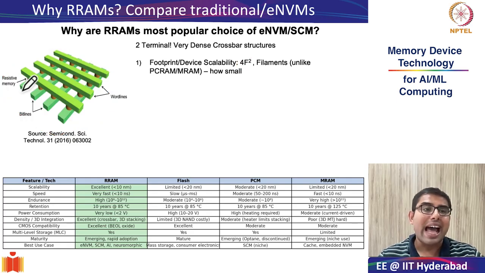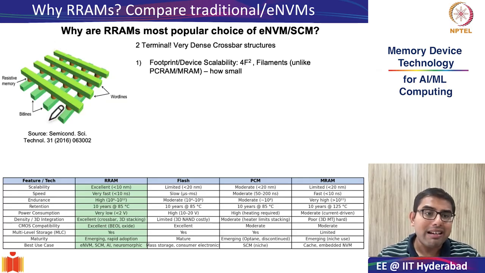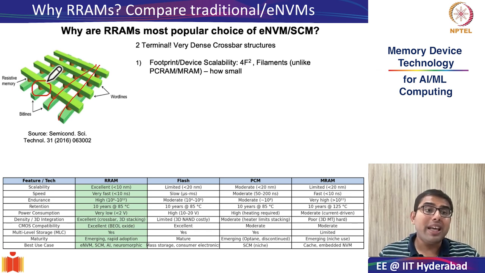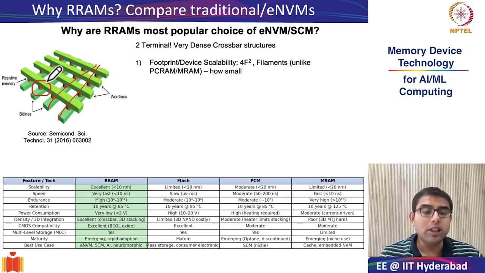These crossbar arrays are nothing but word lines, which are your top electrodes, going in this particular direction, and bit lines going in this particular direction. If you sandwich an oxide material or a simple dielectric material, which can be easily deposited by any of your CMOS compatible processes, the promise is a very dense array.